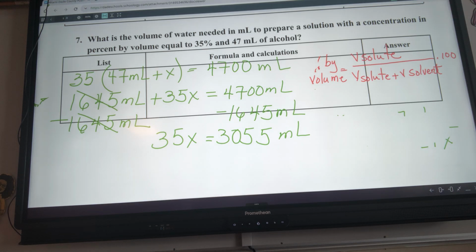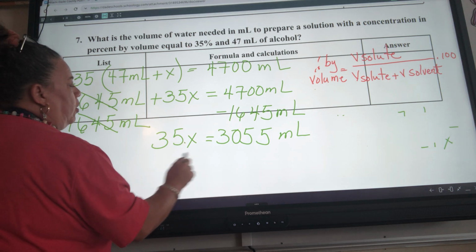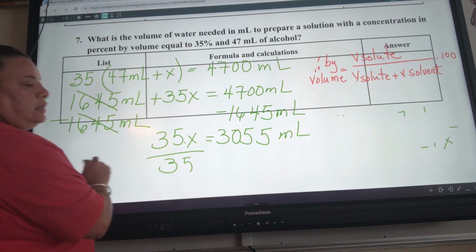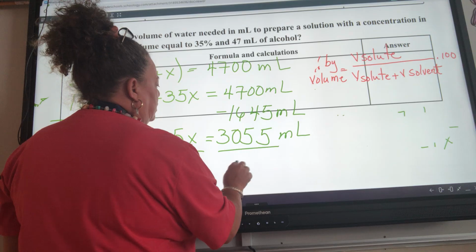Is the X isolated? Look at the X. What is affecting the X? The 35. You know that 35 is called a coefficient, and the coefficient is always multiplying the variable. The opposite operation of multiplication is division.